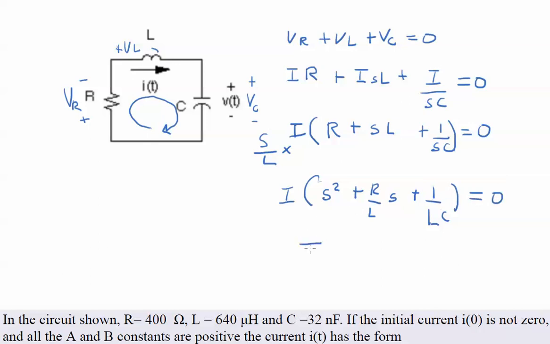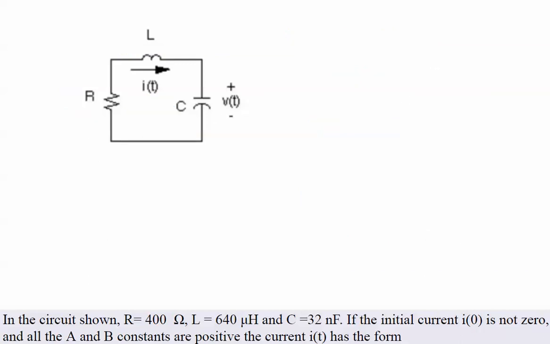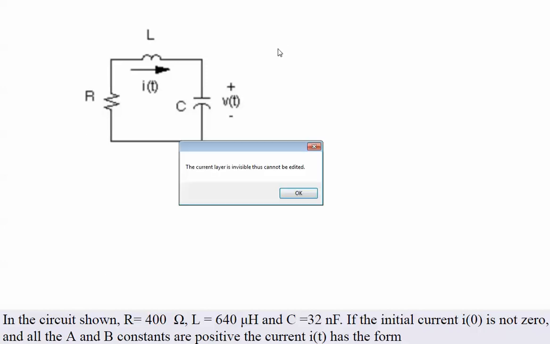Now, yeah, the current is still there, but I is not equal to 0. So in fact, I can ignore it. Well, I'm going to rewrite the equation here.